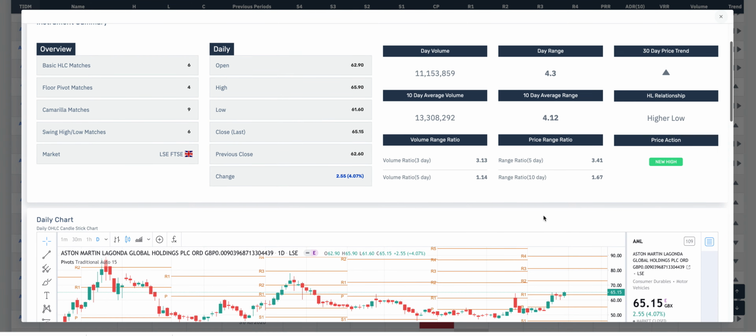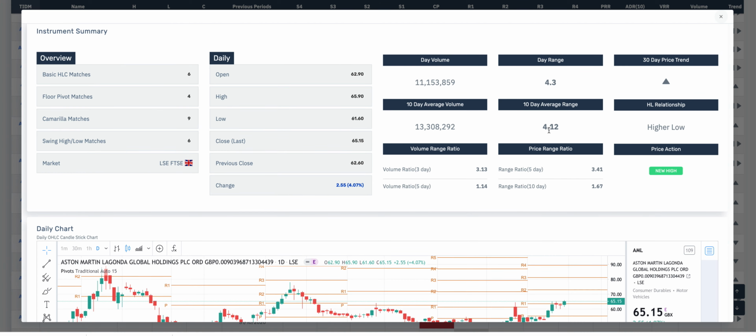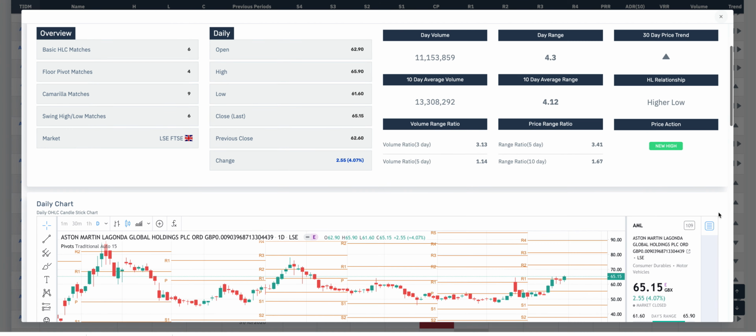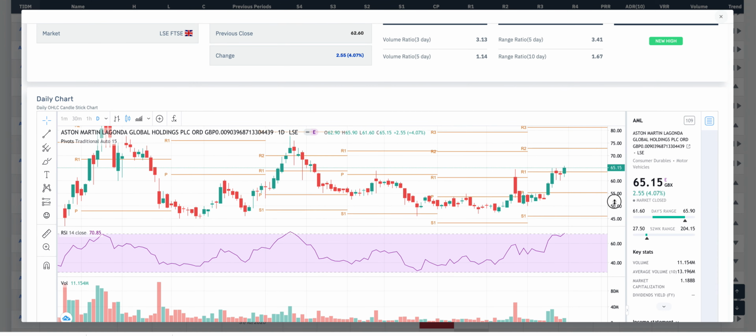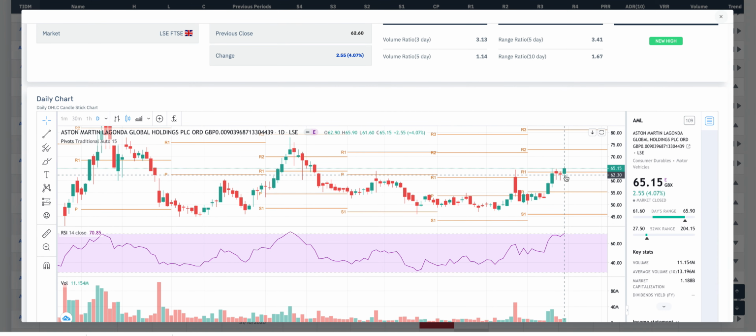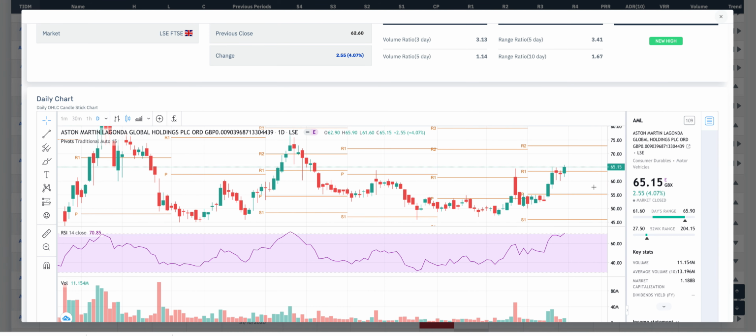Trend is up. We've got a good average day range, around 4 pence. That's a healthy mover. So you can see again here, price closed above the R1 floor pivot, in fact, also above the last 3-day highs. So it's looking fairly bullish.